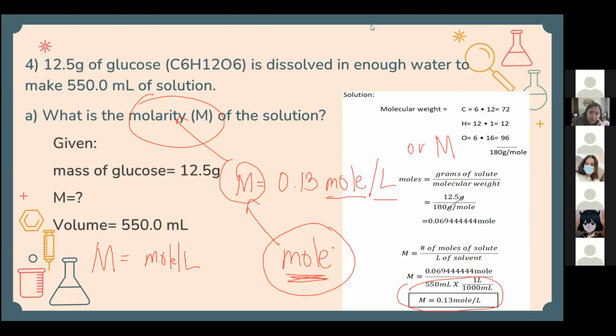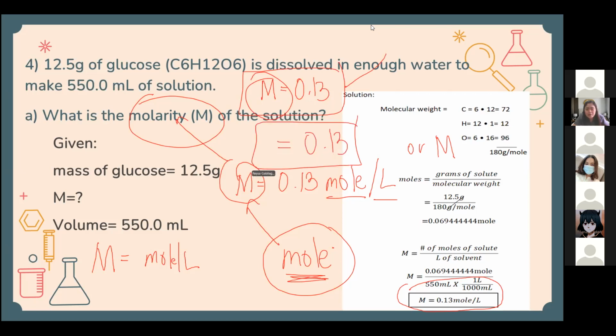What if it's only 0.13, because there is an M? As long as, when you write the solution of your problem, class, you write it like this, M is equal to 0.13, that is your final answer. Actually, that is correct because you have the M there. But if what you wrote is just the equal sign and 0.13, that will have a deduction because you no longer have a unit there.